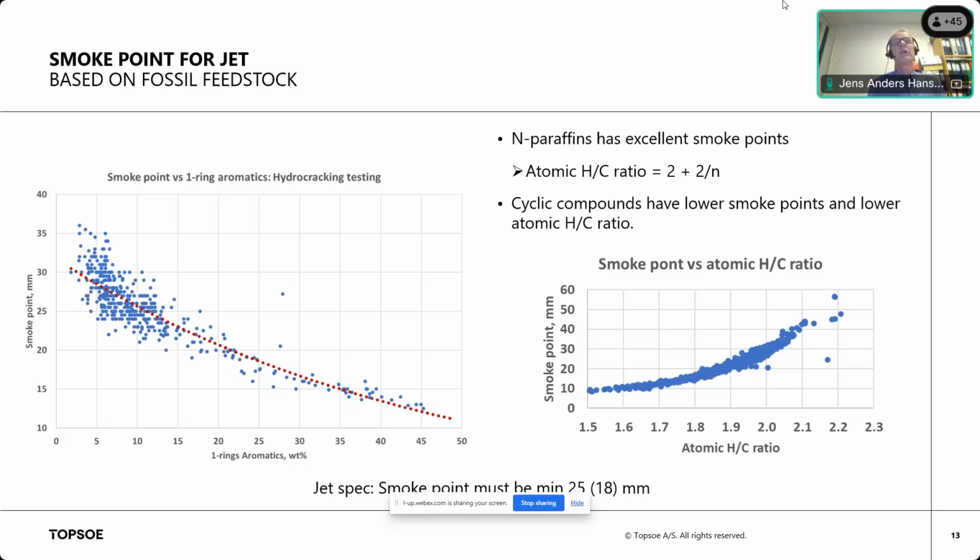So the smoke point is a function of the molecular composition. And therefore, when you convert biomass into jet range product, you have to be sure that the atomic hydrogen to carbon ratio is high. Otherwise, you cannot meet the smoke point requirements.